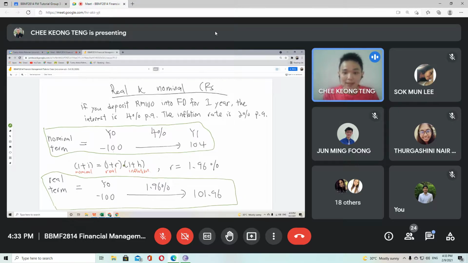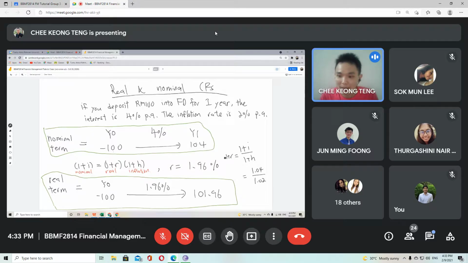Okay, here you need to understand this formula, the Fisher formula. 1 plus nominal rate equals 1 plus real rate times 1 plus inflation rate. From this formula, if I'm going to find the real rate, the formula is (1 plus i) divided by (1 plus h), minus 1. Here i is nominal, which is 4%, and h is 2%.